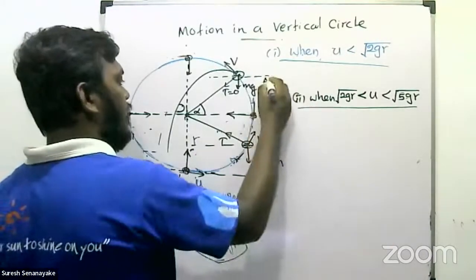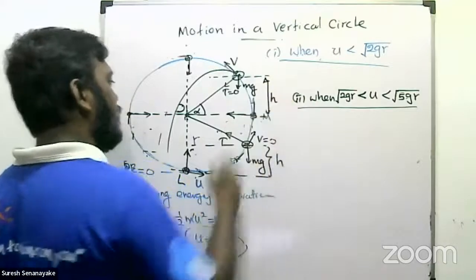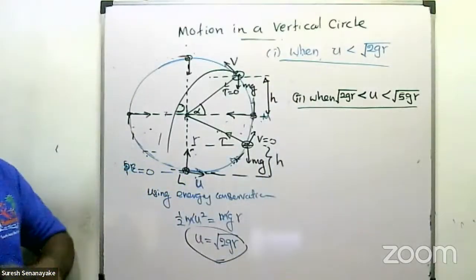See that from here it's height h. It leaves the circle.